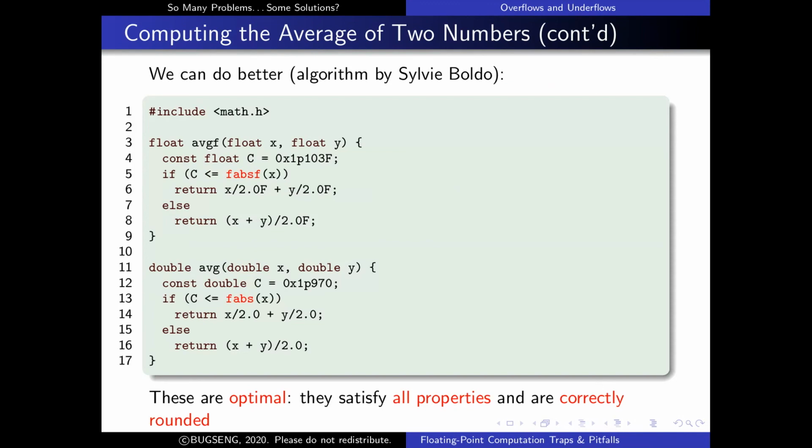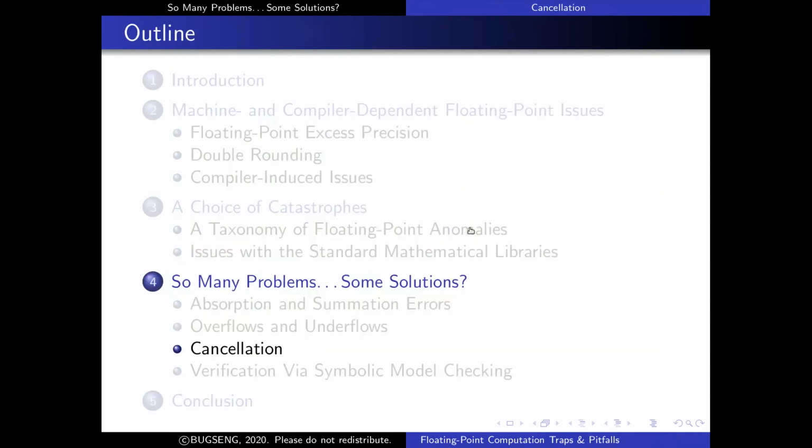So symmetric, correctly rounded, no overflow, no underflow, none of the problems. And the fact that these constants are so large ensures that as much as possible we end up in the else branch. And when we end up in the else branch, we only have 3 floating point operations instead of 4. So these algorithms are also efficient.